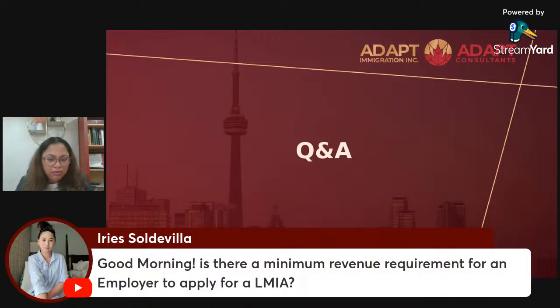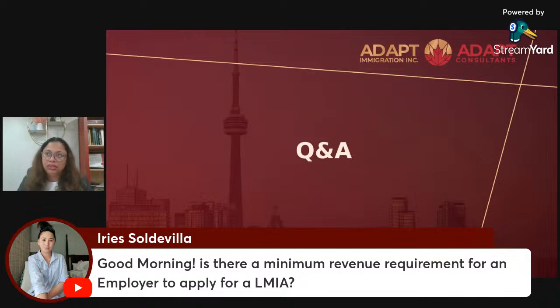Is there a minimum revenue requirement for an employer to apply? Technically there is not, but you still need to demonstrate you generate a good amount of revenue in order to hire a foreign worker.